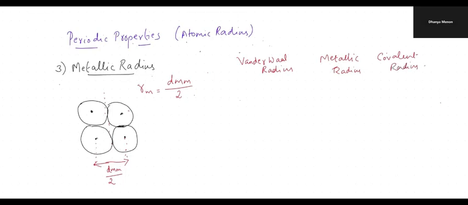If I have to arrange them in order, which one is bigger and which one is smaller? Always the van der Waals radius will be more because there is no overlapping, and the molecules can come near to each other only till a certain distance. After that, the electrons start to repel each other. So van der Waals radius is greater than metallic radius, and metallic radius is greater than covalent radius, because in covalent radius there is overlapping that reduces the size. So this is the order which you must remember.